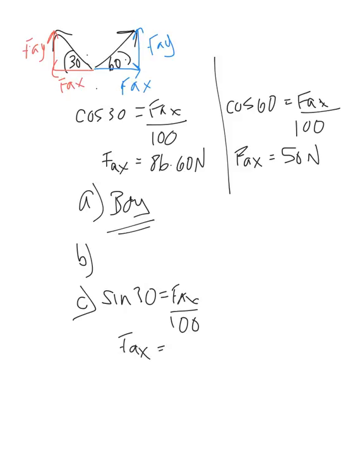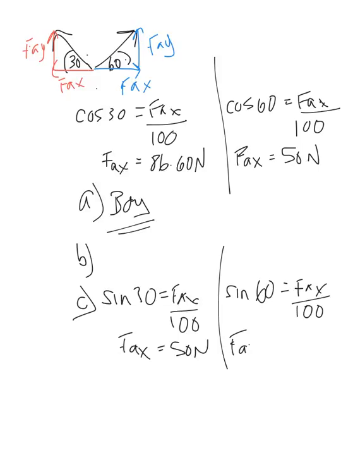We're going to get 50 newtons for the boy this time. Sine of 60 gives 86.60 for the girl. And that makes sense as well, that the girl is going to have the bigger vertical force. She has a greater angle, so a bigger component of that force is going in the vertical direction.